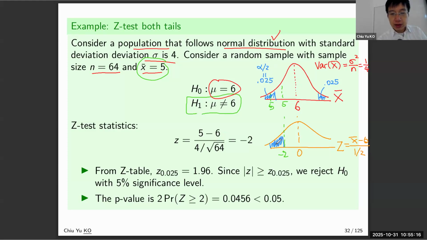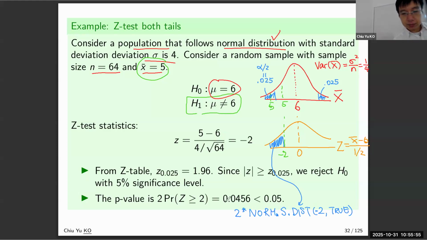So the p-value would be simply, you calculate the area on the left-hand side, which is norm.s.dist of -2, true. Remember, you multiply by 2 because it is a two-sided test, okay? You compare this to 5%. You calculate this, it is 4%.